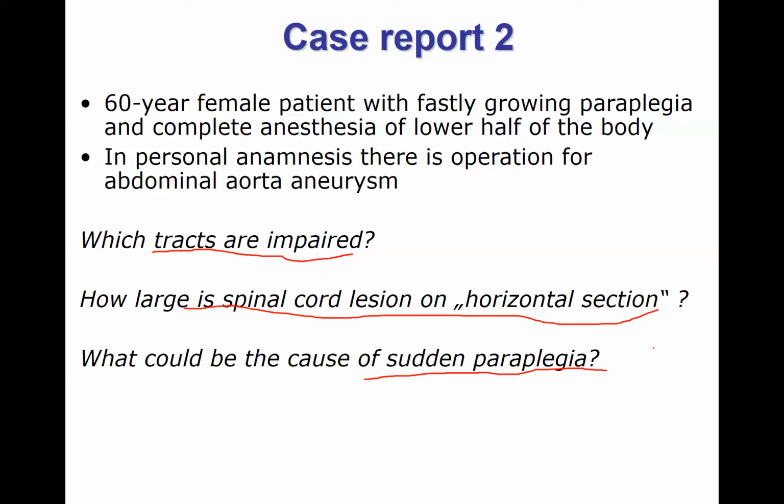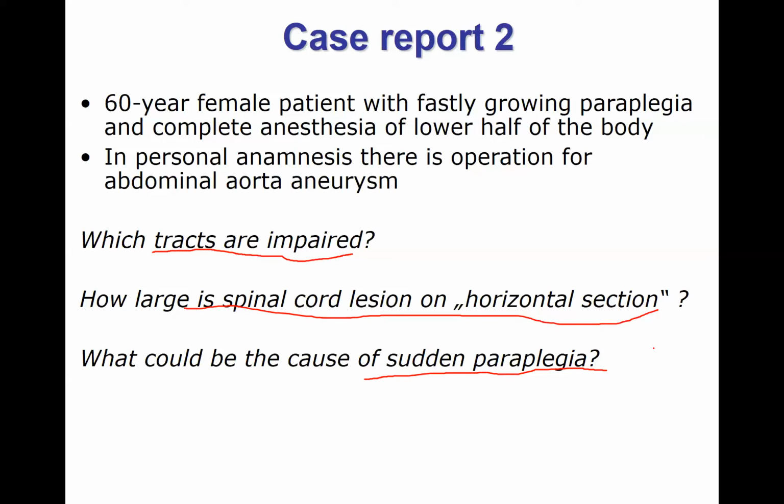Complete anesthesia and paraplegia. How large is the lesion on horizontal section? Is it full, or is it just one quarter, one third, one half, anterior half, posterior half, medial, lateral? Anterior two thirds would be it.